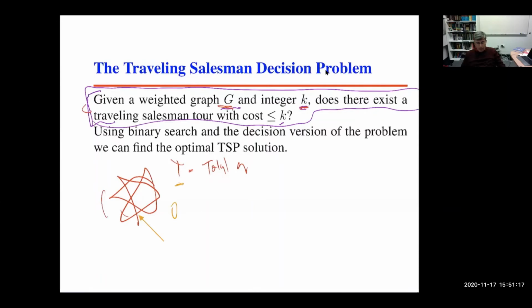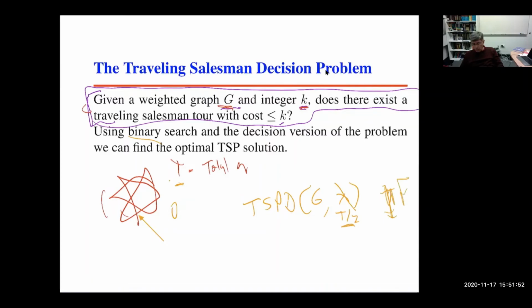If I did binary search, asking, is there a TSP tour in my graph G of size, let's call it X, if I ask for my total edge weight over 2, if I get a yes, if I get a true, then the optimal tour is no bigger than this.